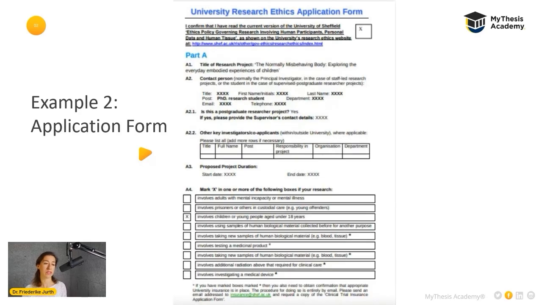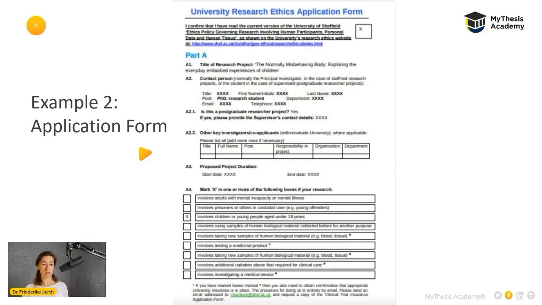Basically, you have the information on the research, a research title, also a contact person. So you have to name the principal investigator, but you also should include the related researchers who are part of the group.